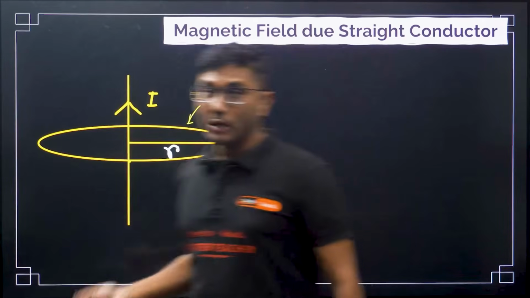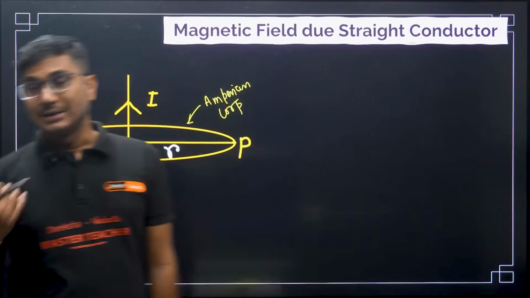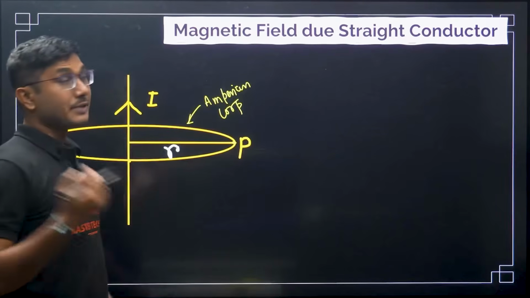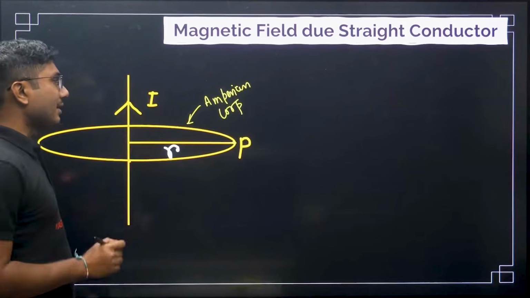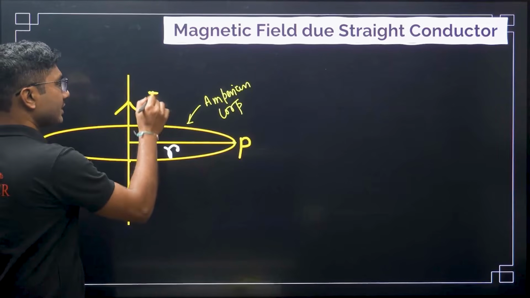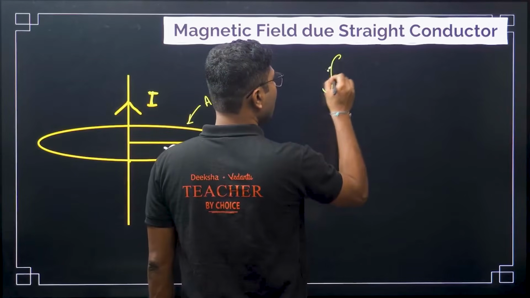Always, similar to Gauss's law, we will try to construct symmetrical lines. Now what is the current enclosed over here? The current enclosed is the given I. So let us apply Ampere's law.